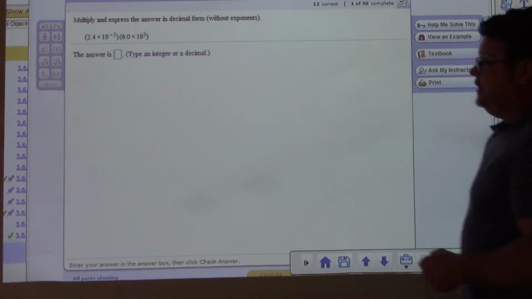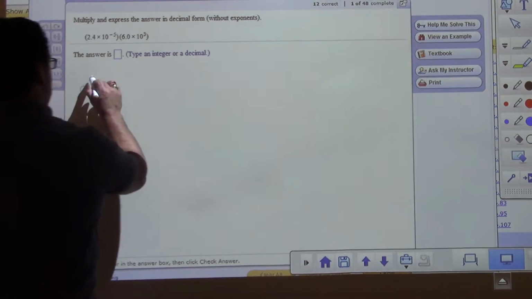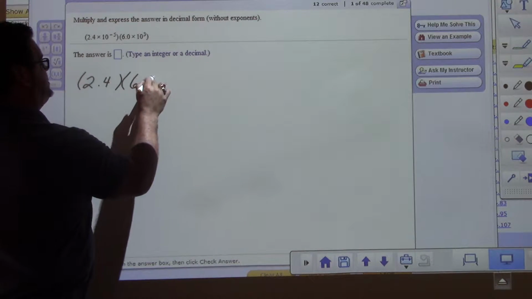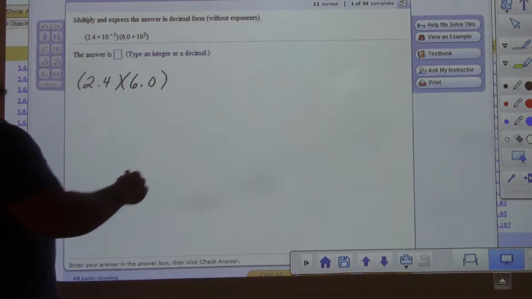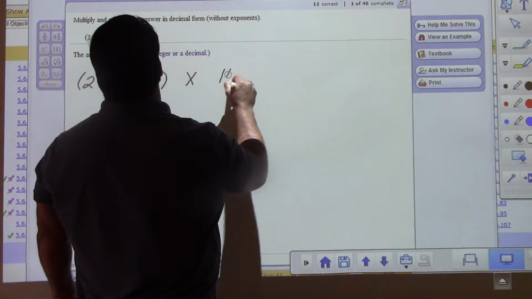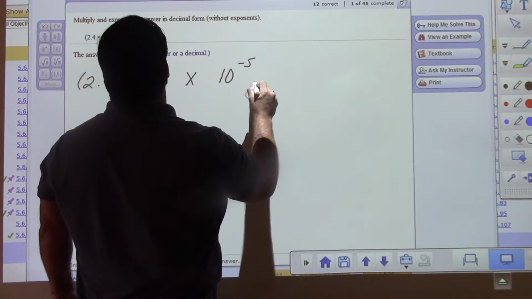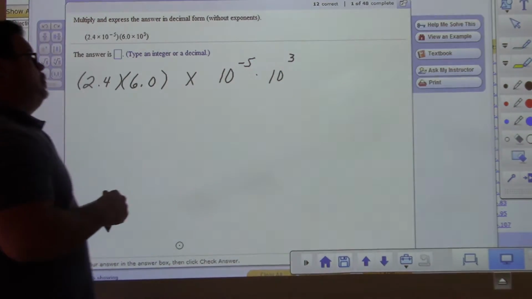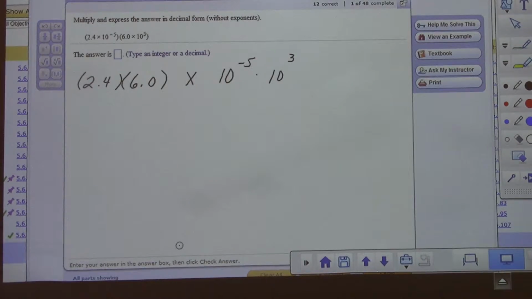So, 2.4 times 6.0 times 10 to the negative 5th times 10 to the 3rd. Now, 6 times 2 is what? 12, and 6 times 0.4 is 2.4, because 6 times 4 is 24.